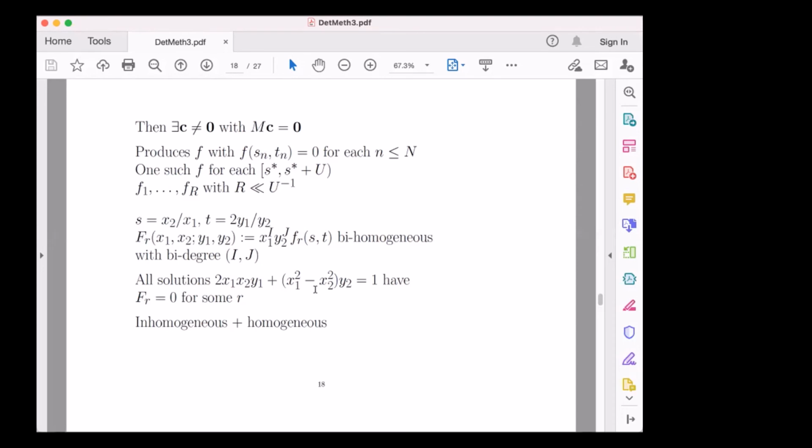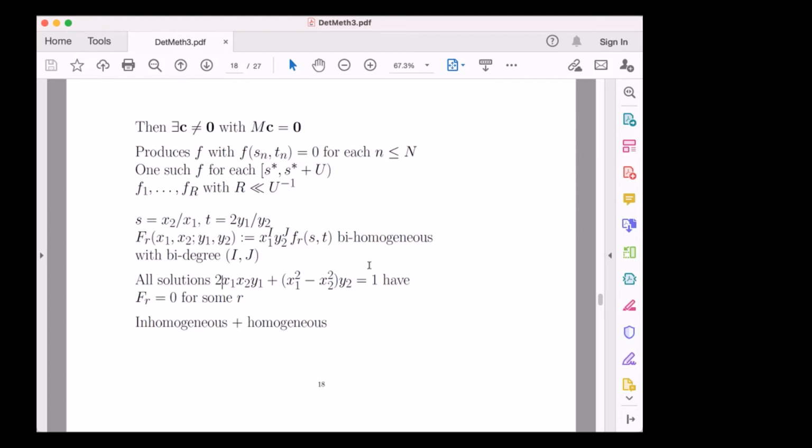And so the outcome of all this is that all the solutions of the equation we're interested in have fr equals 0 for one of these r's here. Now, this equation here is inhomogeneous. There's a 1 at the end here, whereas the frs are, in fact, bihomogeneous.